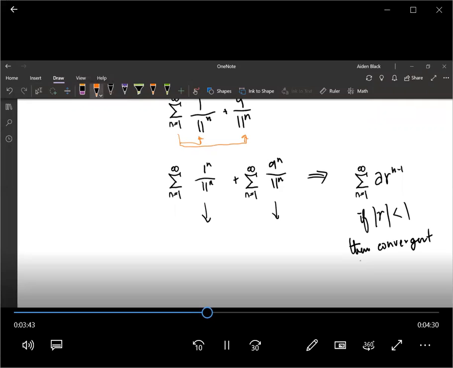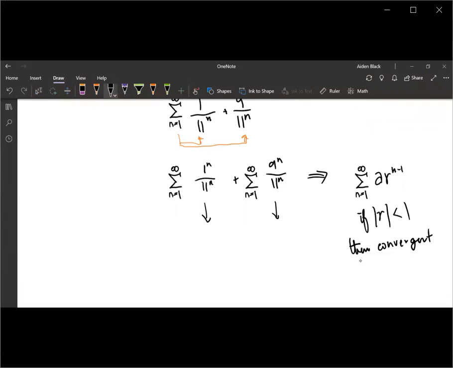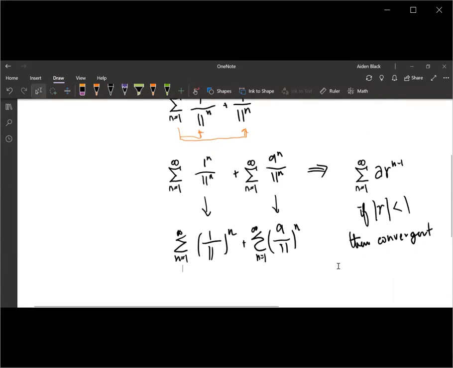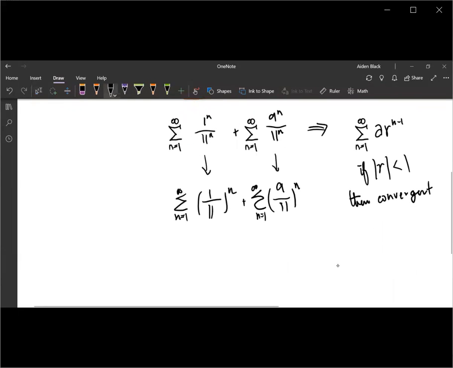So let's pull the exponent out, since the exponent is given to both terms in the numerator and the denominator. And there we can clearly see our common ratio, which is r. So we have two convergent series.